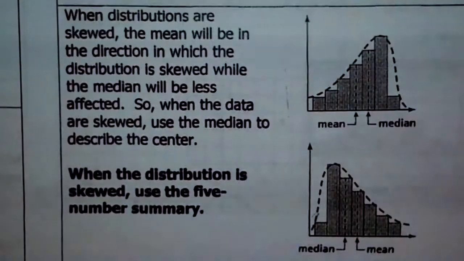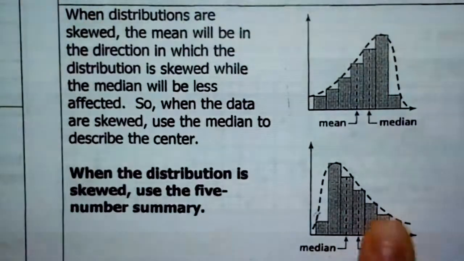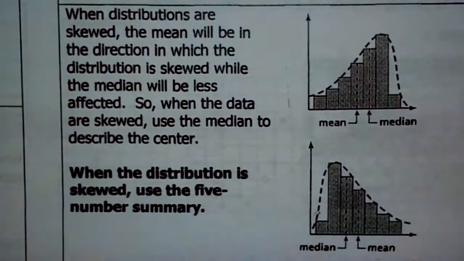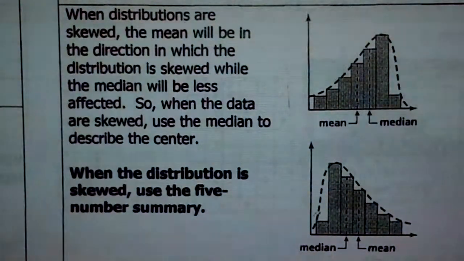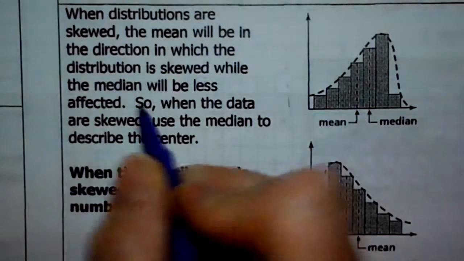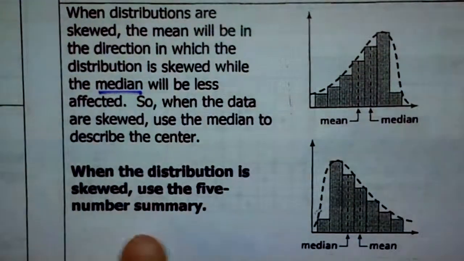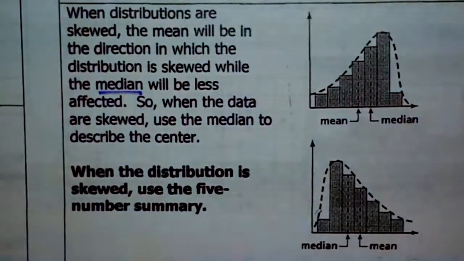When you have a skewed distribution, meaning it's skewed to the left or skewed to the right, the mean is going to end up in the direction that the graph is skewed, while the median is going to be less affected. So if you see that the data are skewed, they're not symmetric, you're going to want to use the median instead. Also, when the distribution is skewed, you'd want to use the 5-number summary to figure out the distribution of the data.